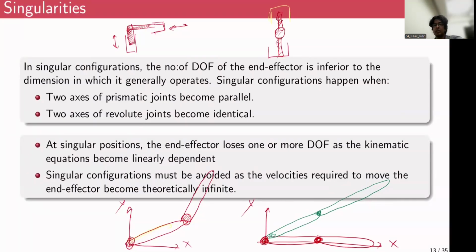So if the arm is fully extended, it cannot have a component of velocity along this axis. Or if the arm is aligned along x-axis, it cannot have any further velocity along x-axis because it's fully stretched. It cannot stretch any further than that. So I hope it's clear.